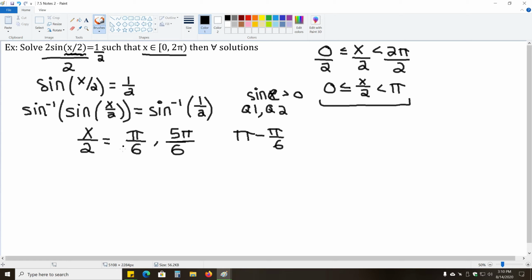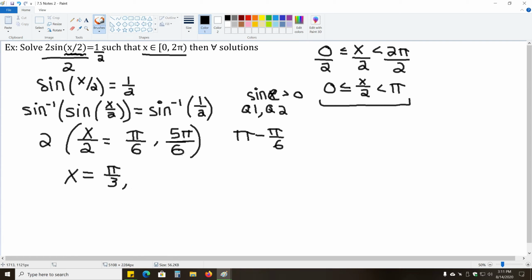So now that we have them, we don't need to just solve for x over 2 anymore. Now we solve for the original x value that we were looking for by multiplying each side of the equation by 2, which gives us x equals pi over 6 times 2 is 2 pi over 6, or pi over 3.